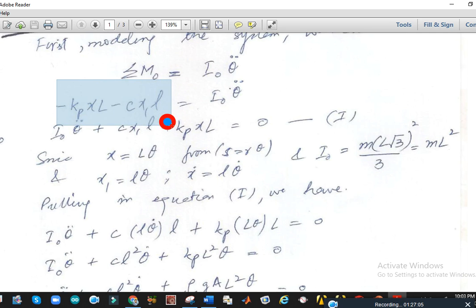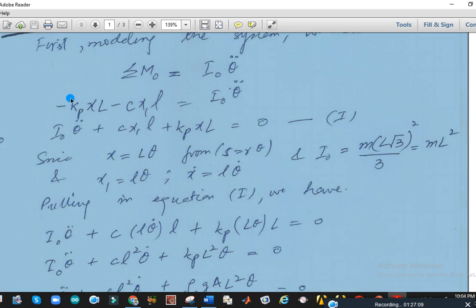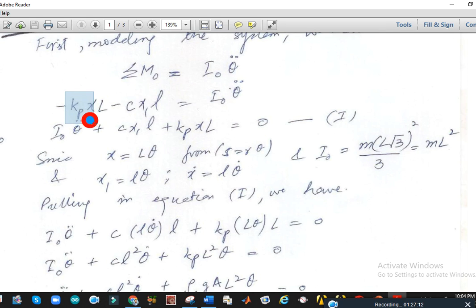So two restoring forces are represented with the negative sign. This is your stiffness force K into x, and L is your moment distance of the pontoon from the pivot point, and this is your damping force, that is C x dot, and this is the distance of the damper from the pivot point, small l.